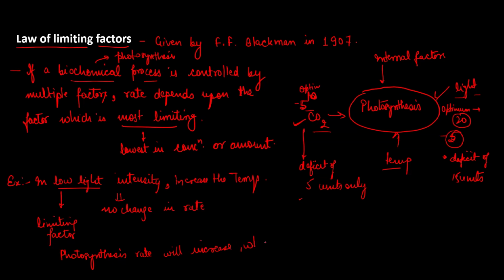No matter how much temperature you increase in this condition, temperature is not the limiting factor, since it is already stated that the plant is in low light intensity. So you have to increase the light intensity in order to increase the rate of photosynthesis. So this is about the law of limiting factor.